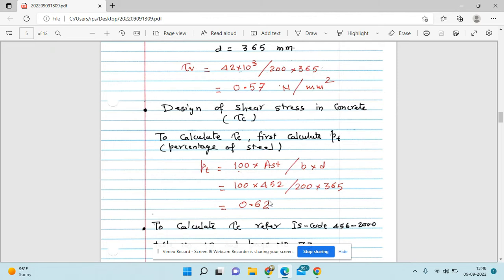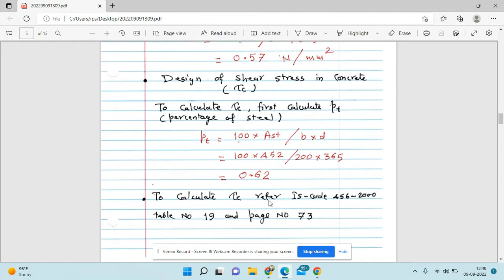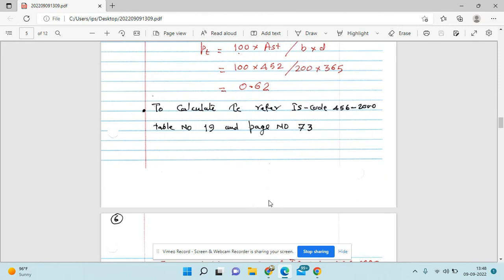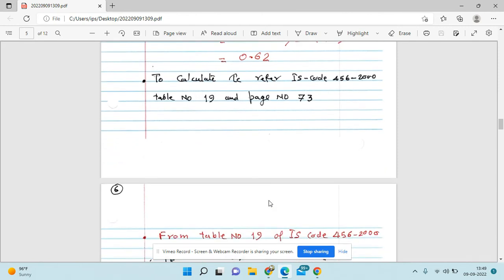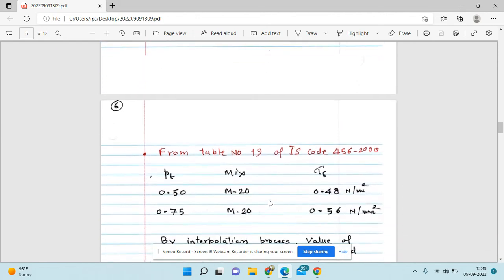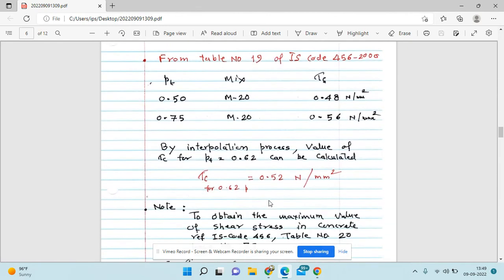Now, with this value of pt, that is percentage of steel, refer to Table 19 of IS code, page number 73. The table shows values for 0.25, 0.50, 0.75 in terms of percentage of steel.